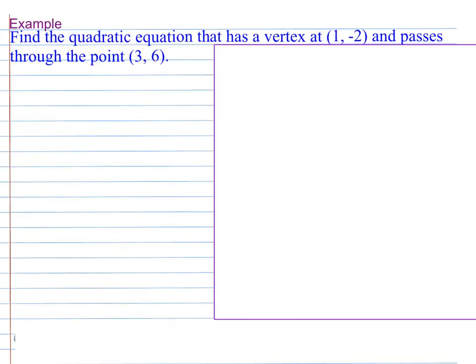For this problem, they are giving you your vertex, which is your h and your k, and they're giving you a point on that graph, which is your x coordinate and your y coordinate. Since they're giving you the vertex, you should probably use the vertex form of a quadratic, which is f of x is equal to a times x minus h squared plus k.